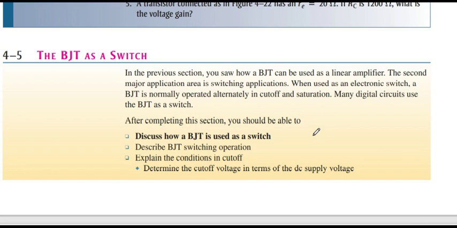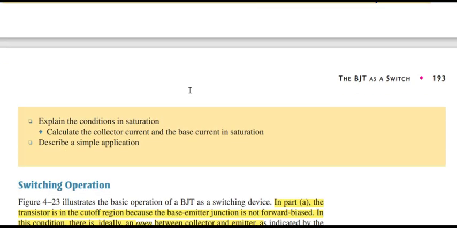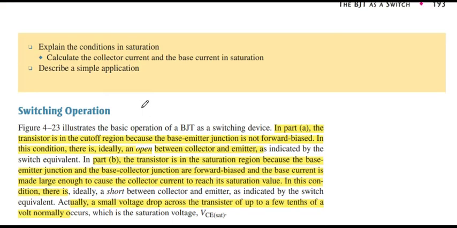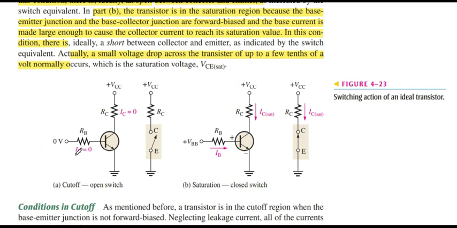Now we discuss the BJT as a switch. Now the switch operation. What happens when IB is 0? That means the transistor is in the cutoff region and ideally it acts as an open switch. When IB is maximum, it goes to the saturation region and acts as a closed circuit.